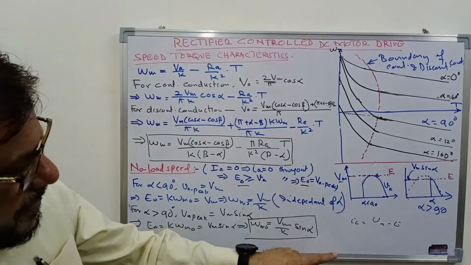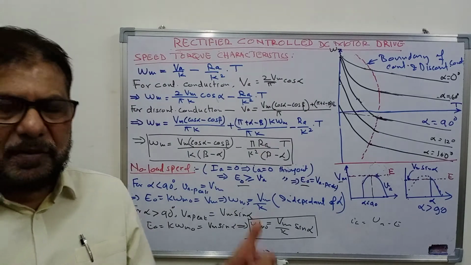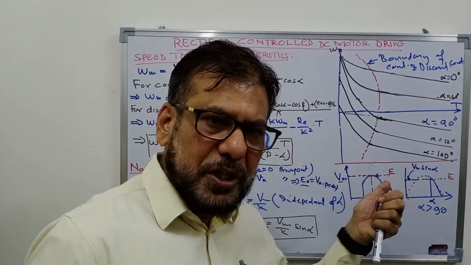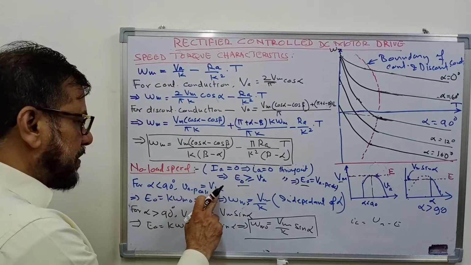So for alpha less than 90 degrees, the peak value of armature voltage is equal to the peak value of the source voltage, that is Vm. So for alpha less than 90 degrees, VA peak equals Vm.